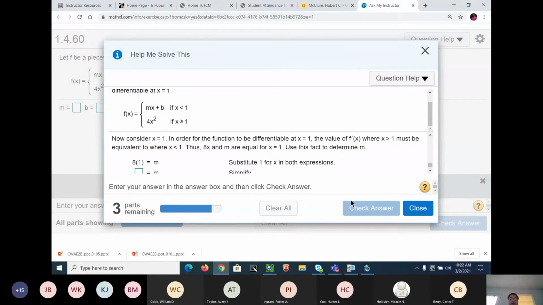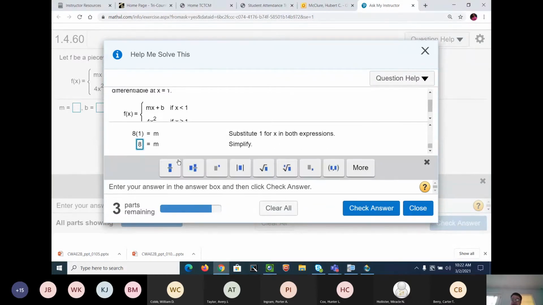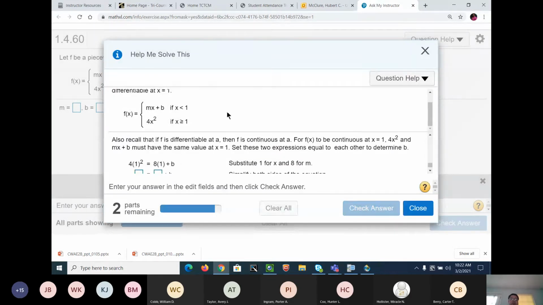Okay, simplify, yeah, plug in. 8x are equal to each other, so 8 times 1 should be 8. Yeah, that's what they're doing.